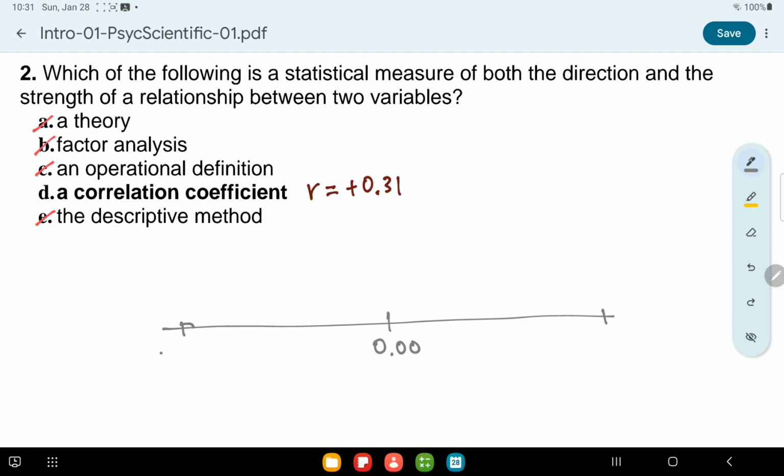Back to the number line, we will label this end negative 1.00 and the other end positive 1.00. Any negative number that exists between negative 1.00 and 0, they describe a negative correlation.